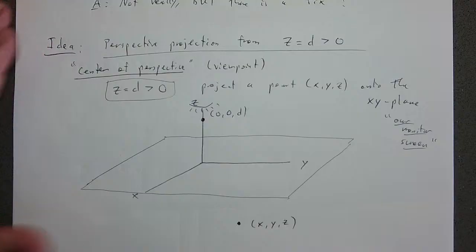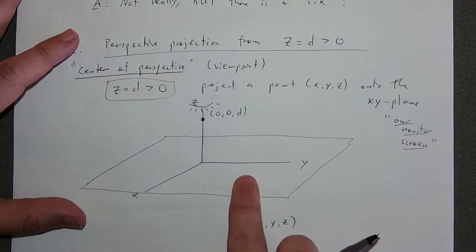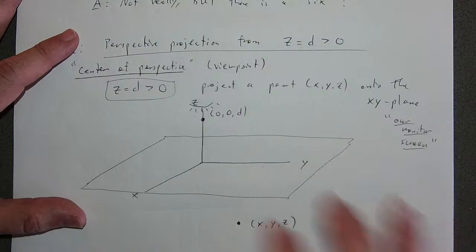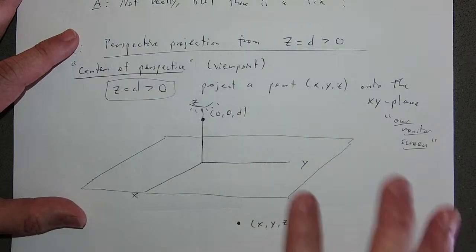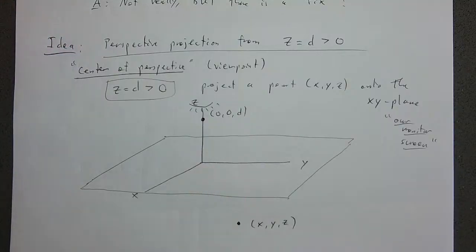But there's a big problem with that, right? One, this crushes a bunch of different points to that. We're always going to do some of that, so that's maybe not the biggest problem. The other thing is that it's going to look weird, right? It's not going to give us the look as if we are moving, say, into the screen, right?